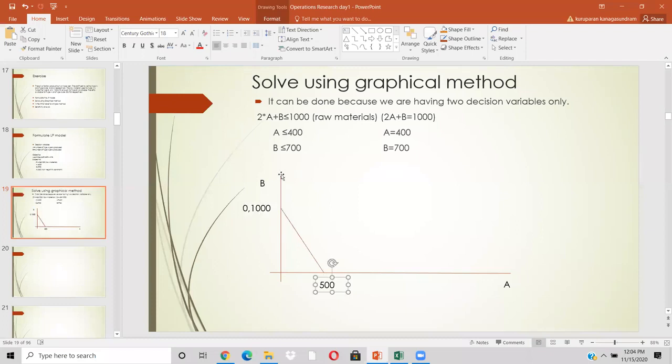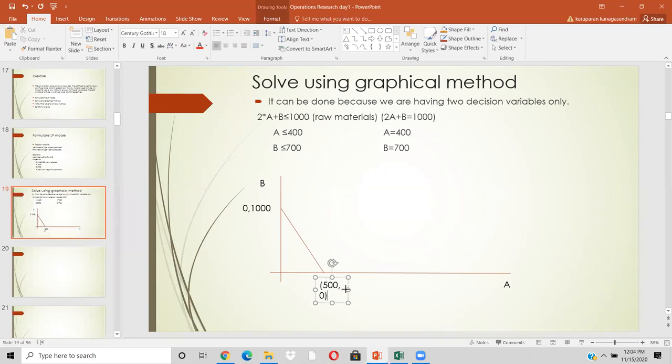And here, on this axis, b will be 0. So substitute b as 0. What will be the value for a? 2a equals 1000 means a equals 500. So this point will be 500 comma 0. I am writing it in graphical notation.